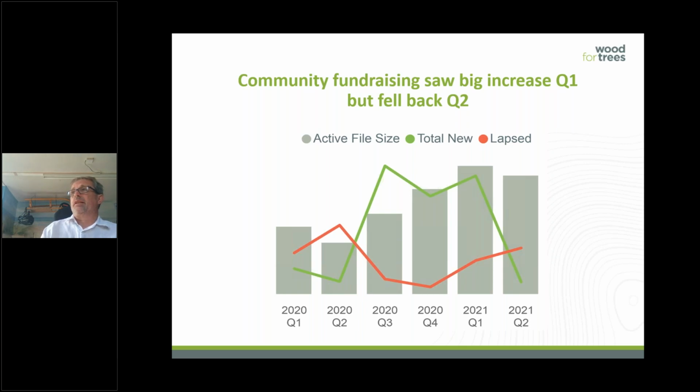Community fundraising, we did see a really big spike in Q3, Q4 last year. That continued into Q1 this year, but has since dropped. So actually we've seen a slight decline in the file there. I'm not really sure what's driving that, and as I said earlier, it'd be interesting to see how that pans out through Q3 and Q4 this year.